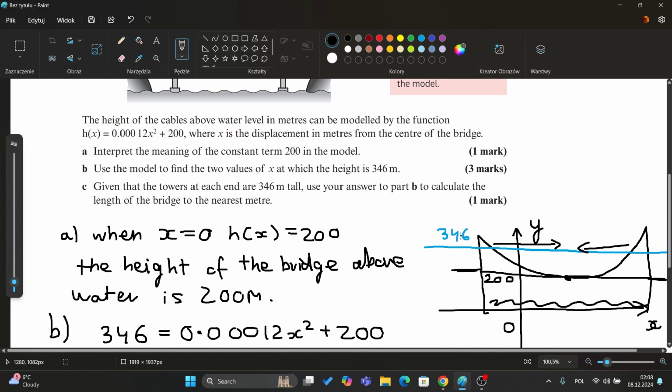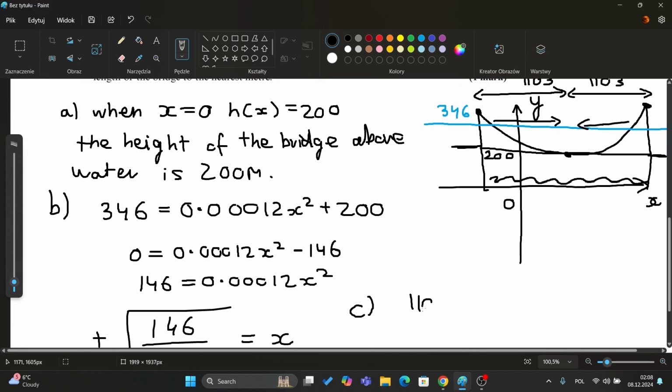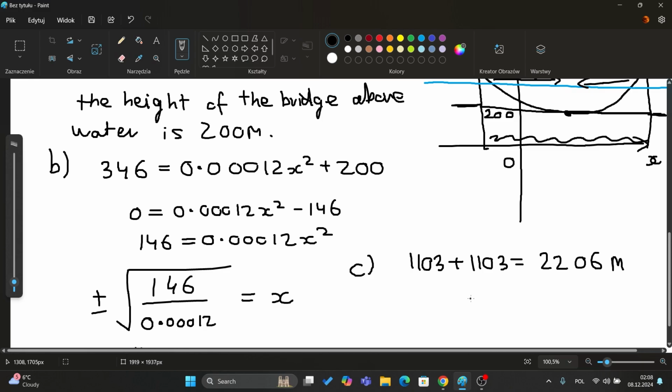So as we said, we have 346 meters height, and this appears to be our top, and going to the middle is 1103 distance, the same as here. So we just add those two together to give us 2206 meters, which is a 2-kilometer bridge.